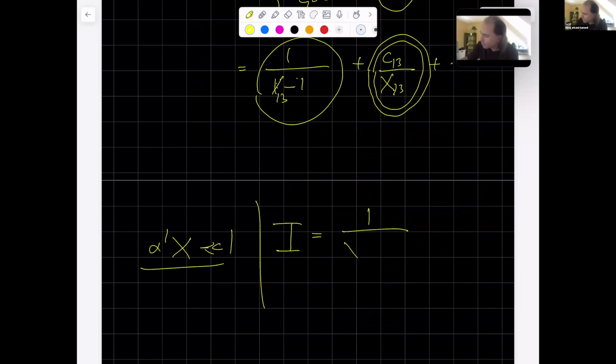They have 1 over x's downstairs, but the numerators are made out of c's. So we call this a C expansion. Now, for trace phi cube theory, the things upstairs are 1, and downstairs you just get the product of all the propagators. For Yang-Mills theory, you can get any number of x's downstairs, including no x's downstairs, so purely c's upstairs.